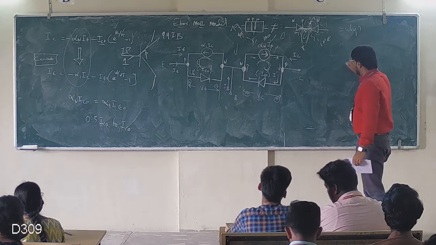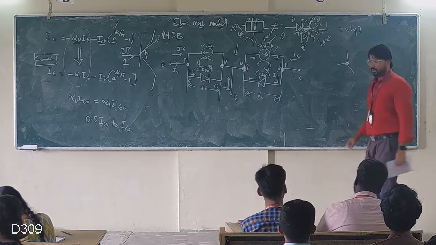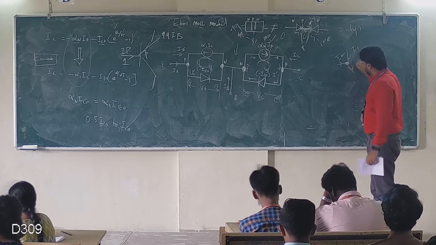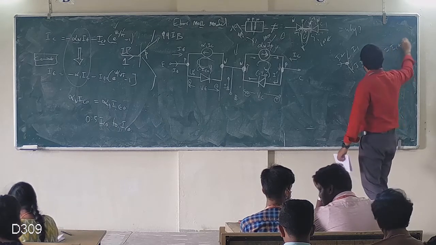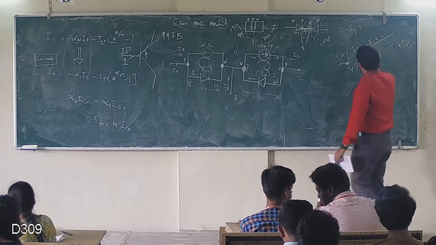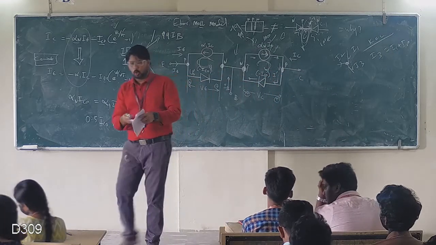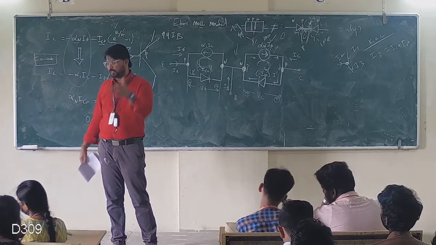Let us say this is one node, and there are n connections, let us say like this: 1, 2, 3. What is I3? I3 is equal to I1 plus I2. That is called KCL, Kirchhoff's current law. The sum of the currents at any node is equal to 0, or entering current is equal to leaving current. I1 plus I2 is equal to I3.